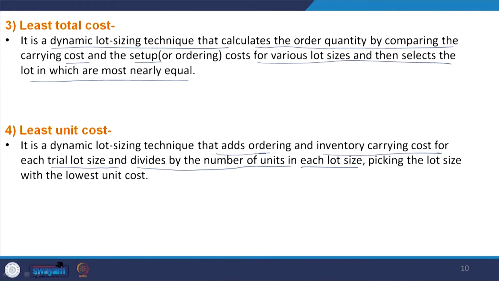Now, in the least unit cost method, we calculate the cost of inventory per unit, so the total ordering and inventory costs for each trial lot are divided by the number of units in that lot size, and then we pick the lot size with the lowest unit cost.